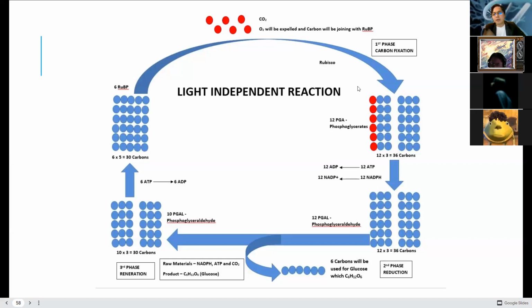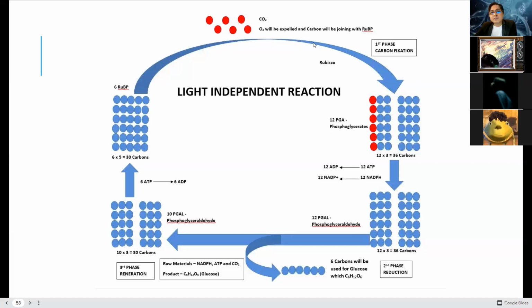Let's go back to the discussion. Again, your RuBP, ribulose bisphosphate, is a 5-carbon molecule. Because it is a 5-carbon molecule, we need to fuse it with another carbon during the first phase of the light-independent reactions, which is carbon fixation, with the aid of Rubisco.